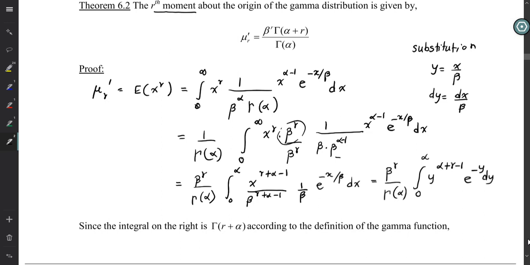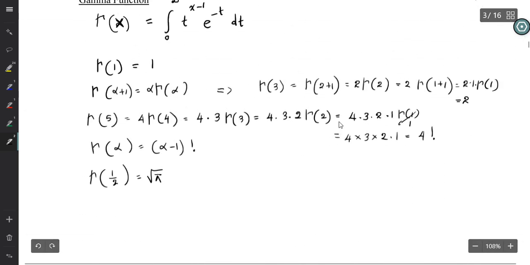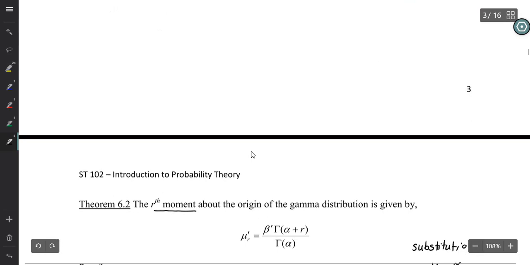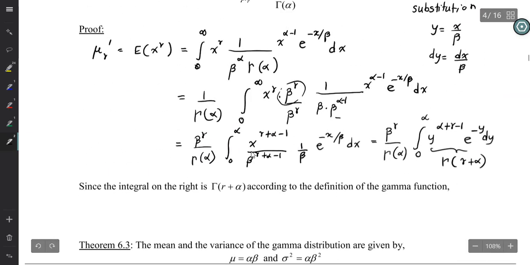Okay. Now if you look at this integral, this is exactly the gamma at r plus alpha. Okay. So if you go to the gamma function, I showed you here the gamma function. So look at this function and compare it with what we have here.